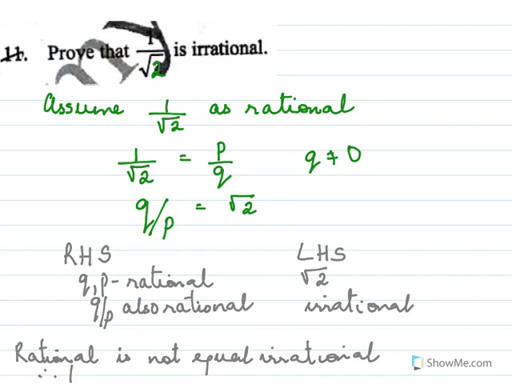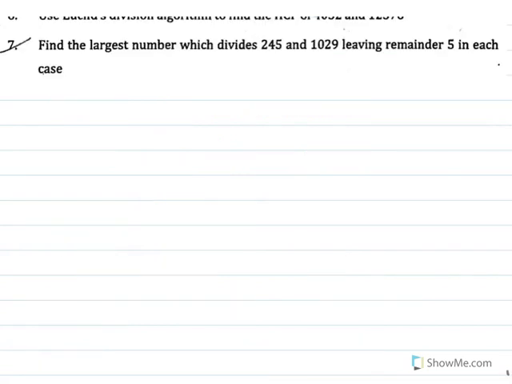Therefore, assumption is wrong. So we must say that 1 over under root 2 is irrational. We assumed it was rational, it must be irrational.